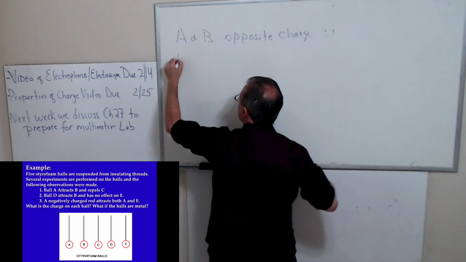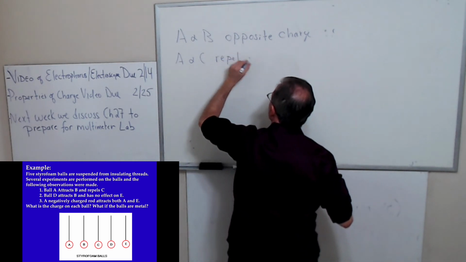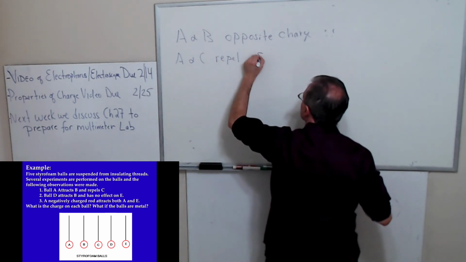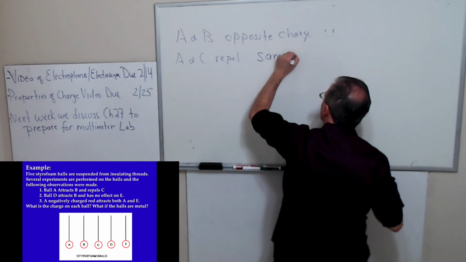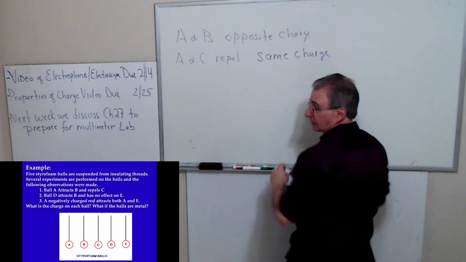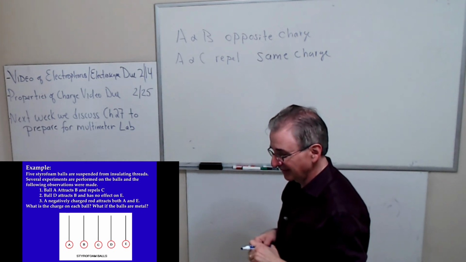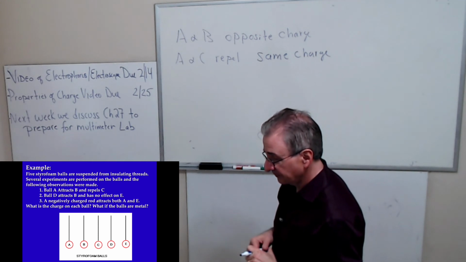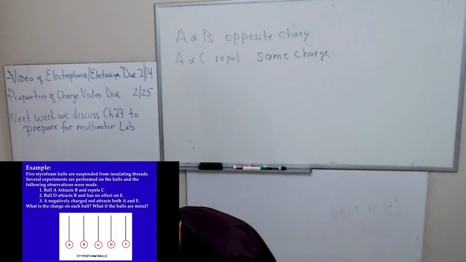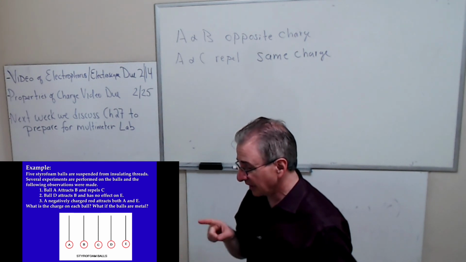And then A repels C. So that means they have the same charge. Correct? I'm just writing down the list. Then ball D attracts B.